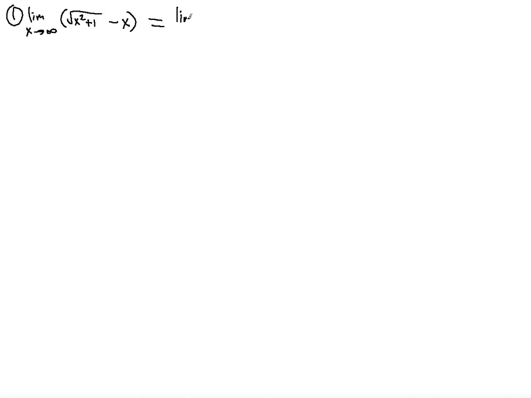What I'm talking about is this: as x approaches infinity, you can take the square root of x squared plus 1 minus x, and imagine that this is over 1, so you multiply by the conjugate of this numerator, which is square root of x squared plus 1 plus x, on both sides, because you don't want to violate the concept of 1.